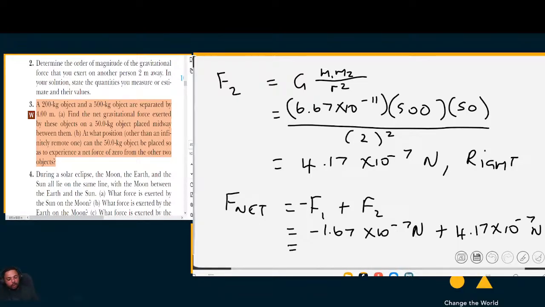So the net force, when you subtract, is approximately 2.5 times 10 to the negative 7 newtons. And the answer is positive, so it's towards the right. You would have seen that from your answers, because the force towards the right is much bigger than the one towards the left.